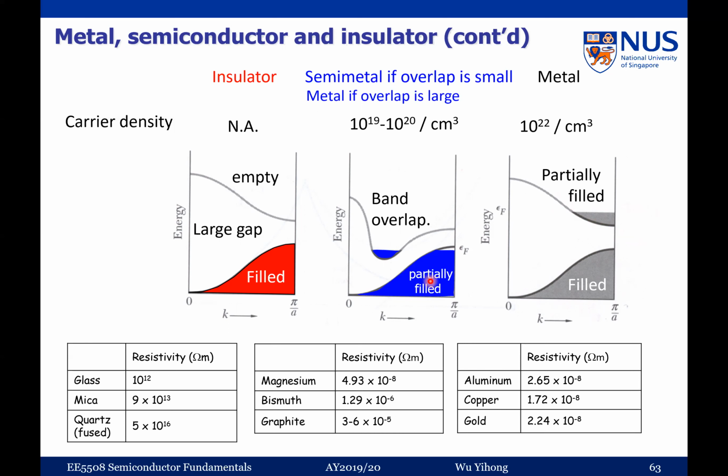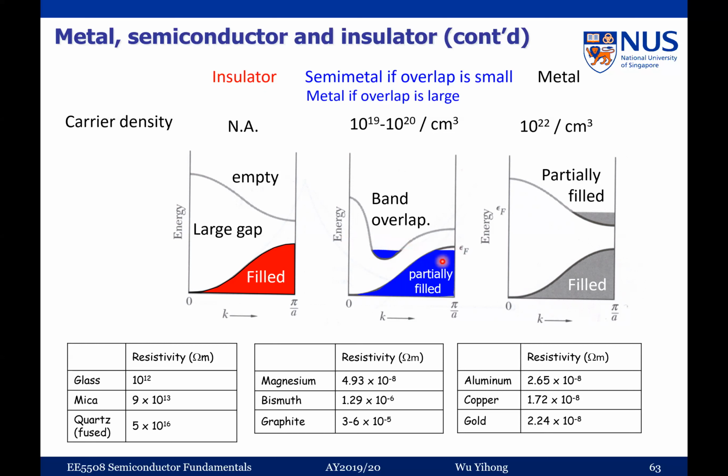And then in between, you can see that you have another type of material. So you have a band overlap. Basically, you can see the maximum of the lower energy band is higher than the local minimum of the next higher energy band, right?